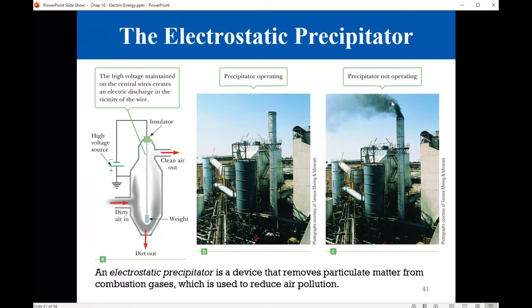This is without the precipitator, it's not operating. This is when the precipitator is operating. So here, the dirty air comes in, and because of ionization, the device removes the particulate matter from the combustion gases, and this reduces the pollution. So here, the dirt is accumulated and it can be taken out rather than polluting the atmosphere.